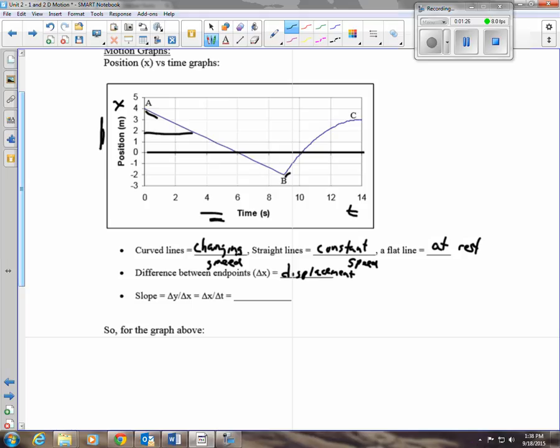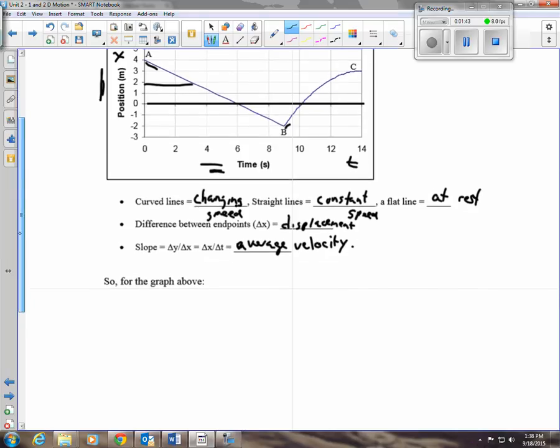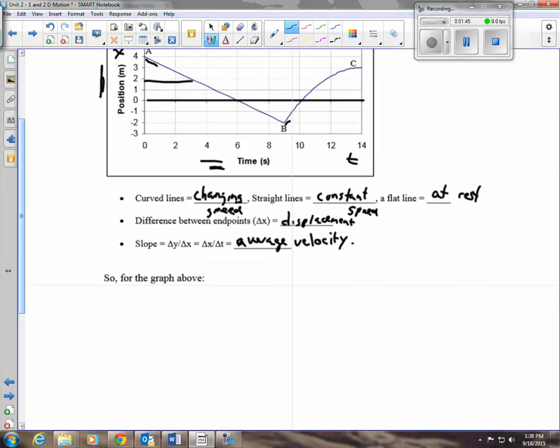So it turns out that that is the definition of average velocity. So we need to memorize how to find displacement for one of these graphs, how to find average velocity, and to look at it and tell whether or not it's speeding up, slowing down, and so on.